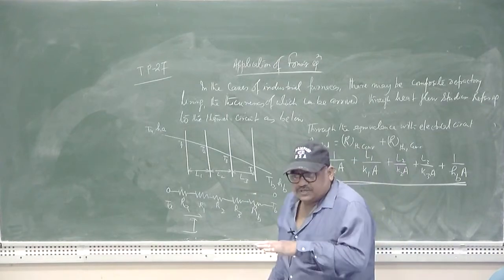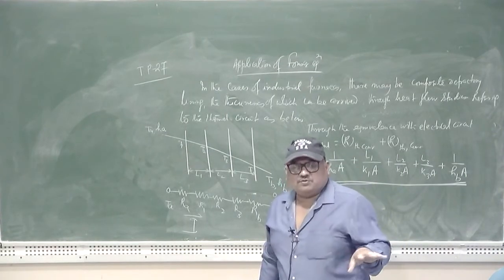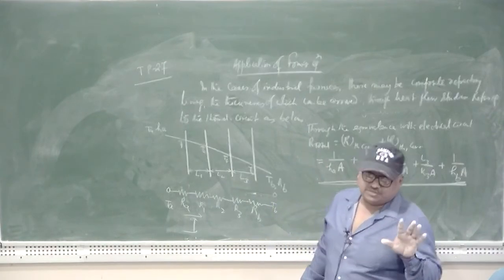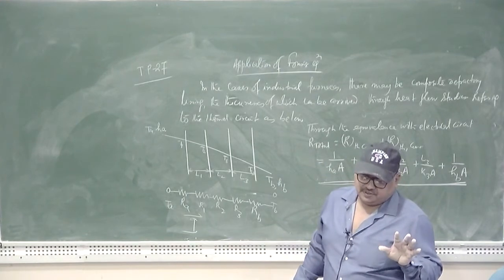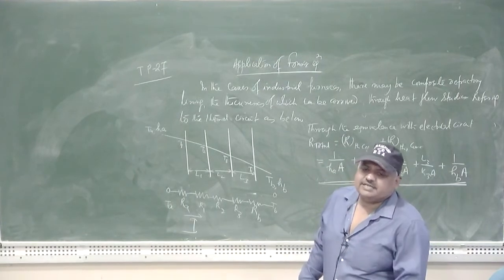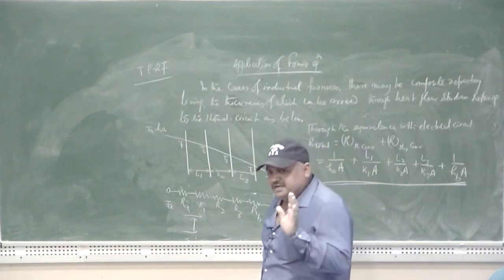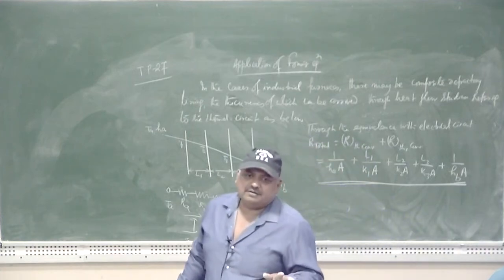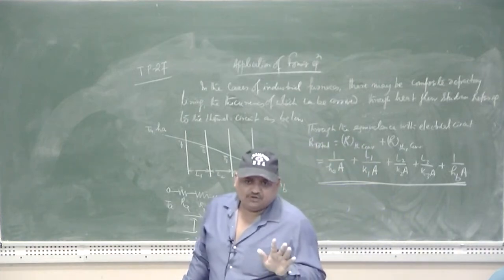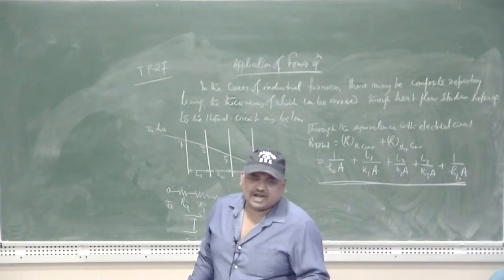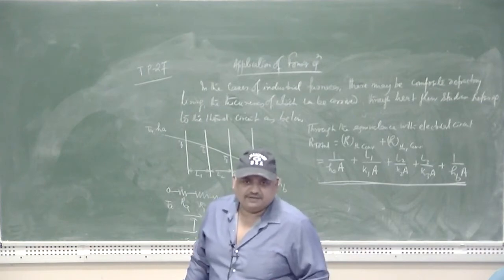This is all about the Cartesian coordinate system, the extended Fourier equation in the Cartesian coordinate system. So let us take an example where the Fourier heat conduction in the cylindrical polar coordinate system is to be used. Let us try one application from that also.